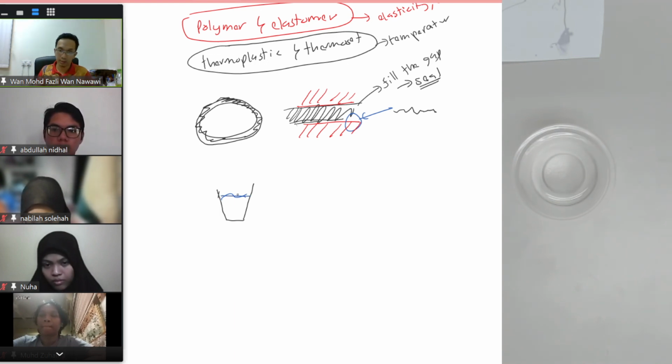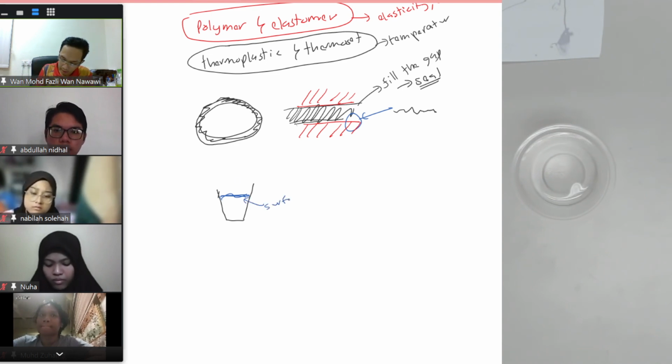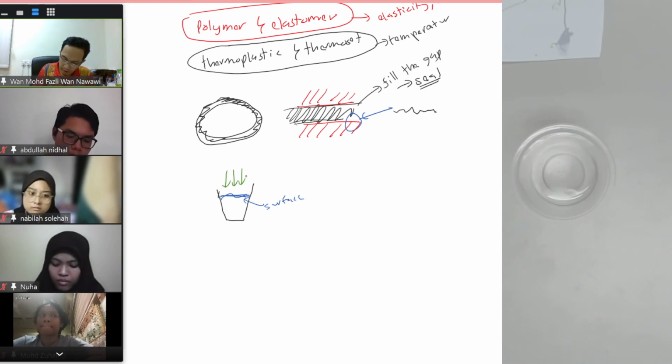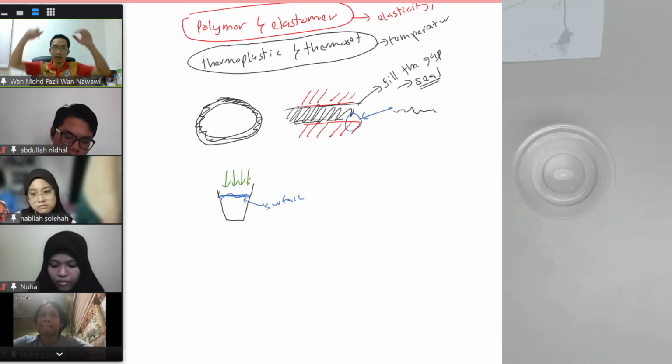The reason for this, because I want to come back to this elastomer later on, is why the water behaves like this on the surface. On the top here there is the atmospheric pressure that holds the water, so that the water will not escape. Imagine there are water molecules on the surface.